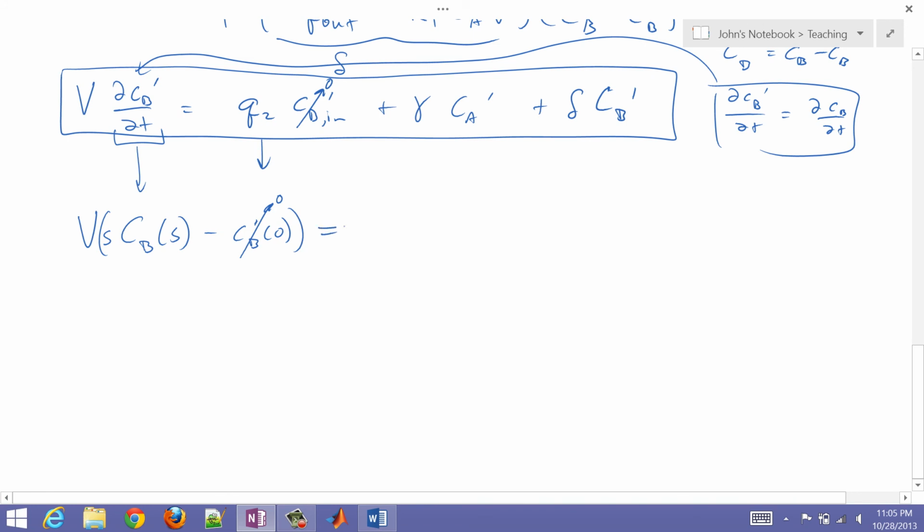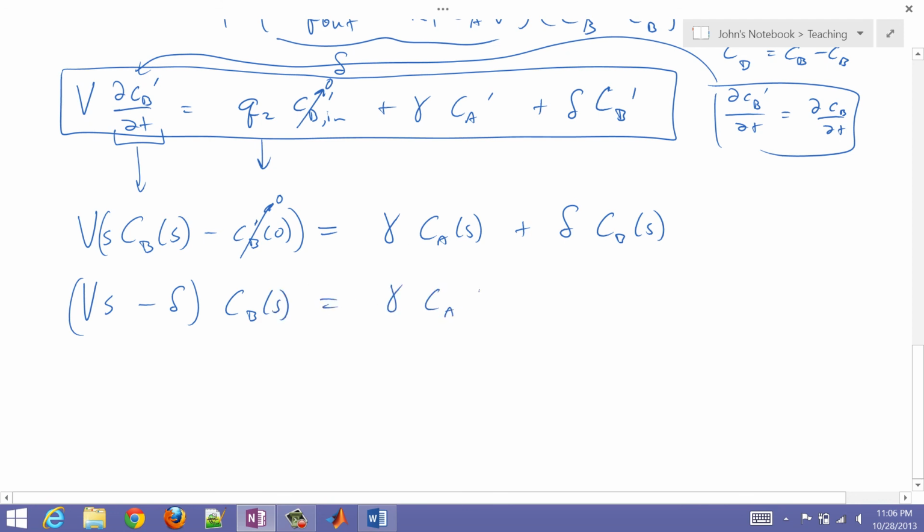Okay, so I'm going to write the rest of it. I have gamma times CA of S plus delta times CB of S. Now let me go ahead and combine terms, so that is V times S minus delta times CB of S equals gamma CA of S, or in other words, CB equals gamma over VS minus delta times CA.